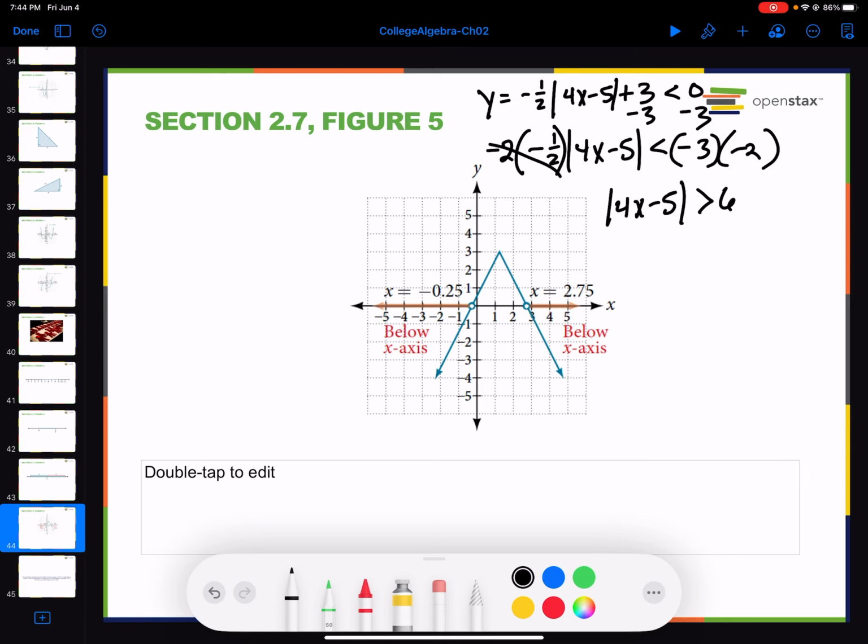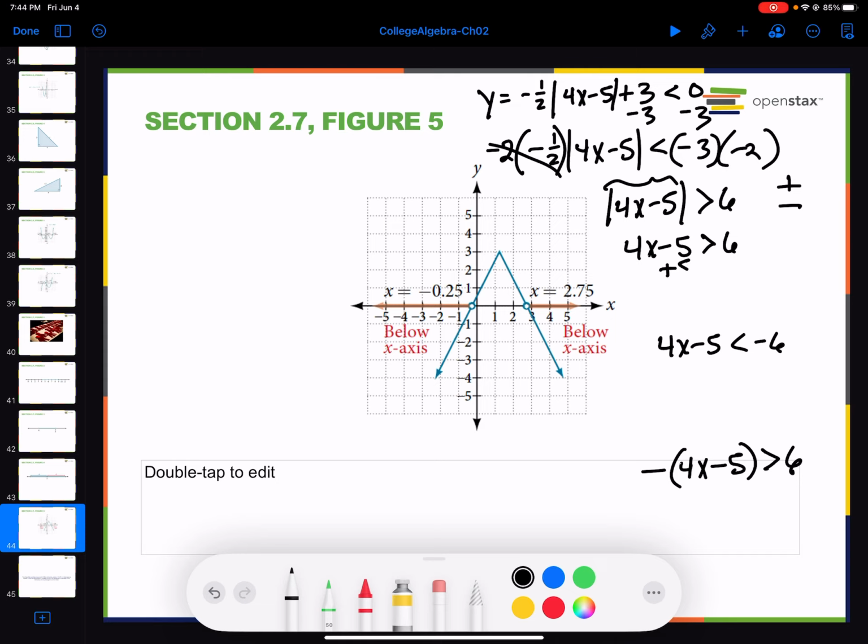Now we can take this out of the absolute value sign, and we want to make sure that we consider the positive case and the negative case. So we've got 4x minus 5 is greater than 6, or we have 4x minus 5 is less than negative 6. Remember, if you're not quite okay making that jump, then go ahead and do the negative 4x minus 5 greater than 6 and solve that however you want to.